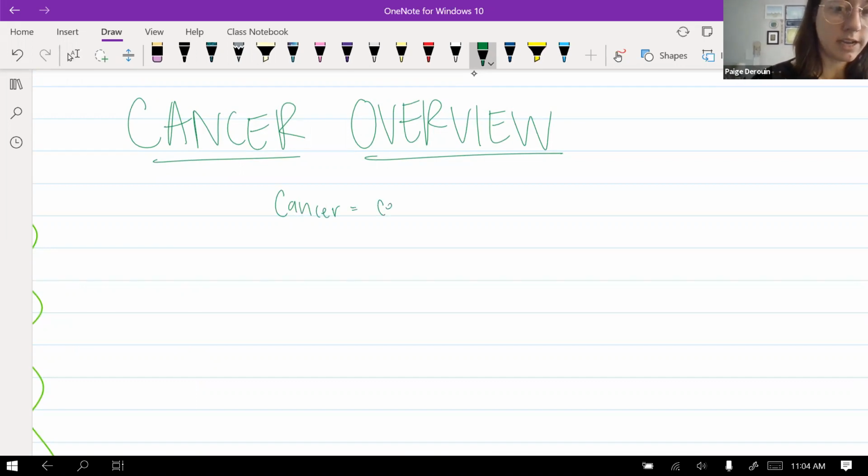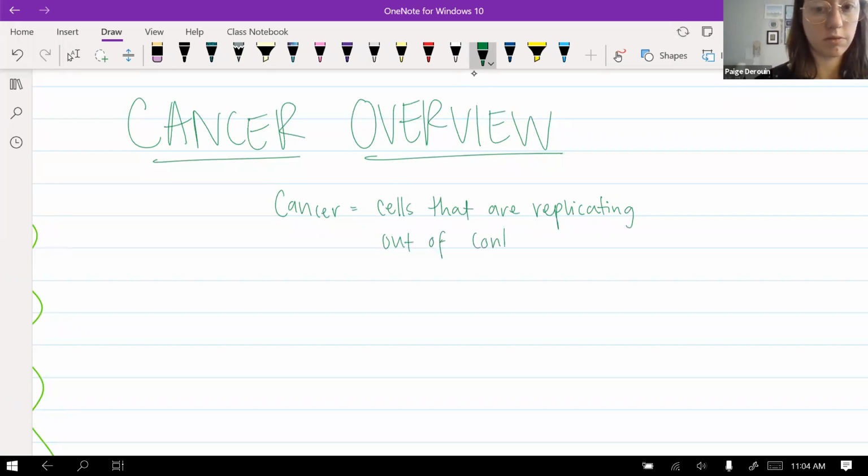So I'm going to write here that cancer equals cells that are replicating out of control due to mutations.